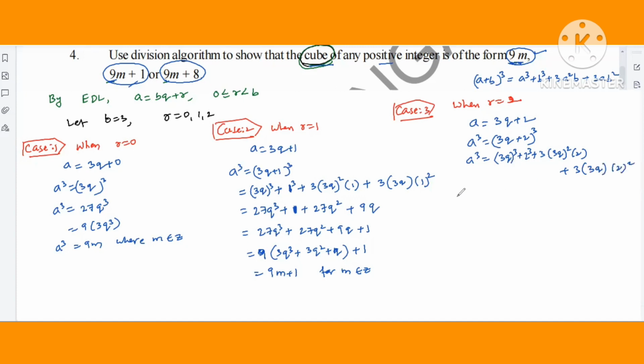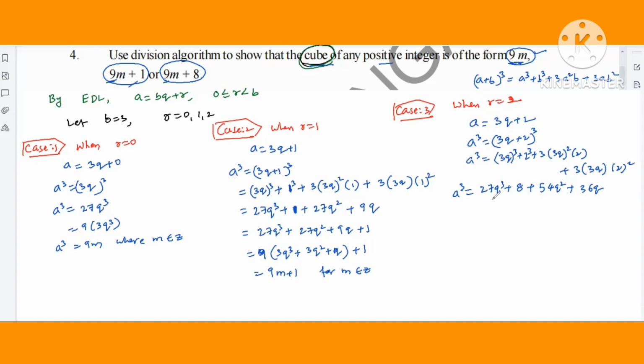While you are doing simplification, do it carefully. Here 27q cube plus 8 we got. Here 3 square is 9, 9 times 2 is 18, 18 times 3 is 54, 54q square. And this one, 3 times 3 is 9, and 2 square is 4, 9 times 4 is 36.